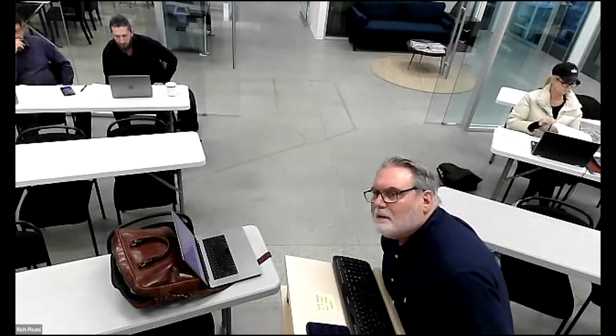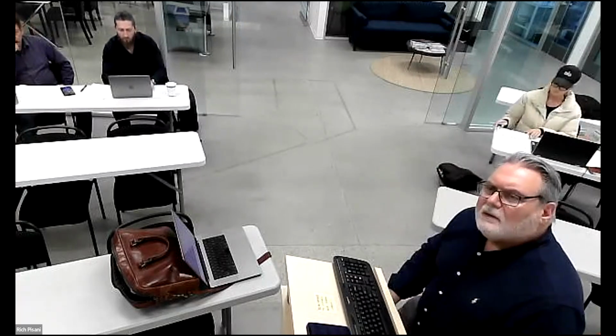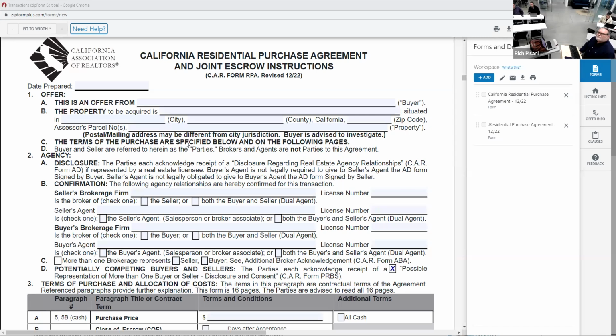There we go. Okay, so here we go. There's a lot of other forms that are attached to the purchase agreement, but because there's so much to cover in this, I'm not going to go over those right now. So this is strictly about the purchase agreement.